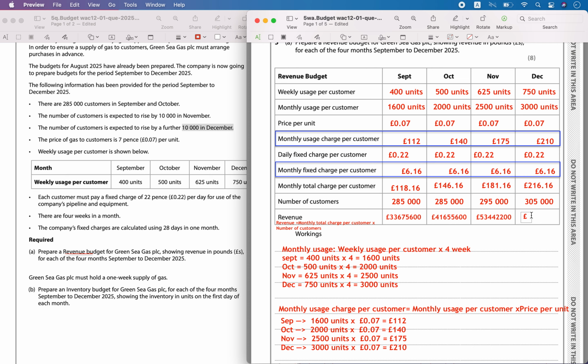Then for December, it is 305,000 customers, each paying 216.16. So the total is 659,288,800. So this is the revenue, and you have prepared the revenue budget.